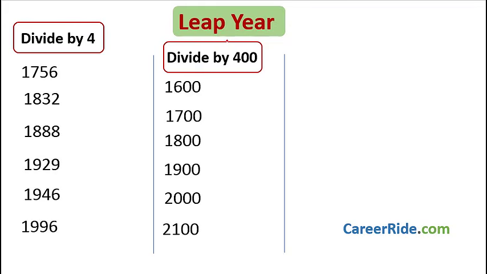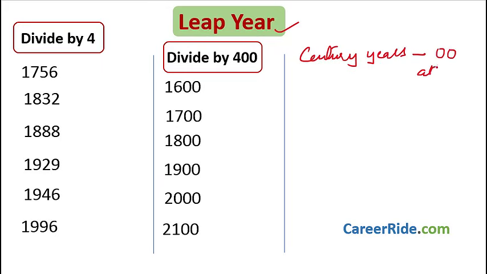Now, the next important thing for us to know is whether a given year is a leap year or a normal year. And how do we do that? See, whenever some years are given to you, you can divide them into simple years like 1756, 1832, 2001, 2002, and the others would be century years. Century years are the years that end with 00.